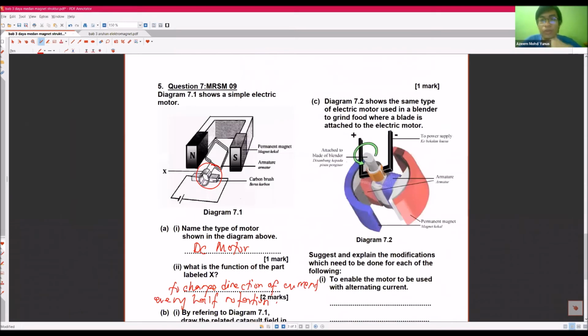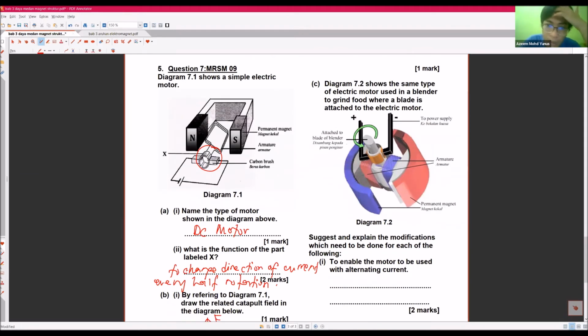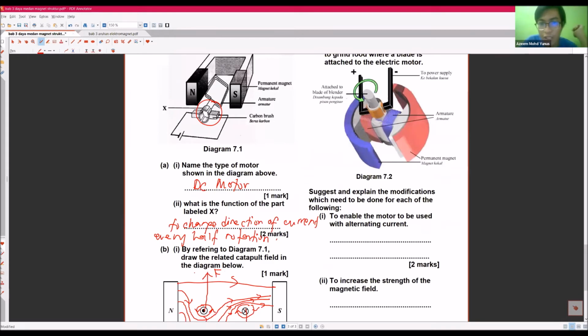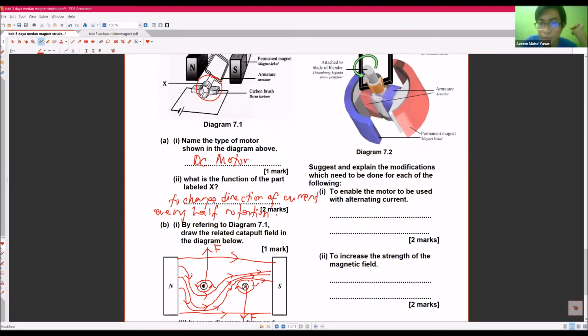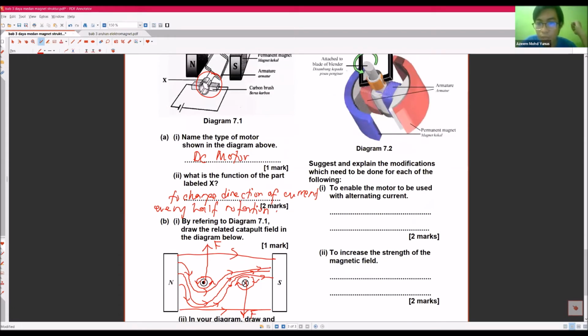Diagram 7.2 shows the type of electric motor used in a blender to grind food where a blade is attached to the electric motor. Suggest and explain the modifications which need to be done for each of the following to enable the motor to be used.